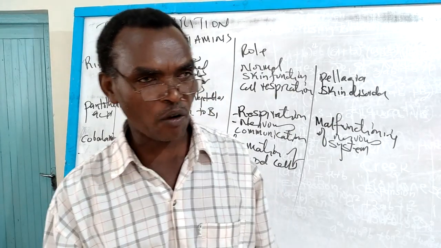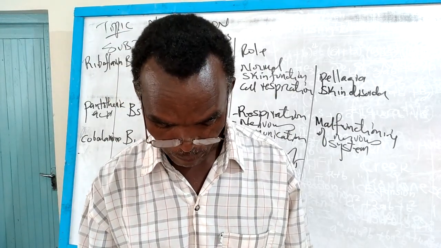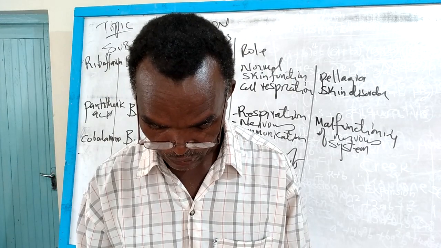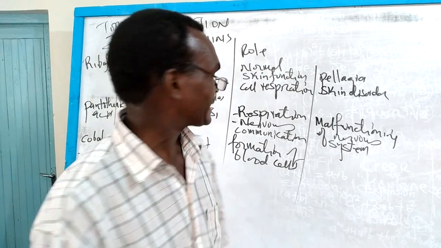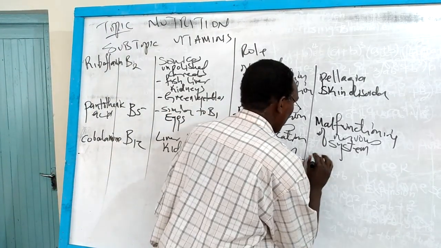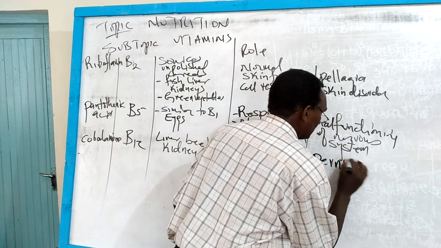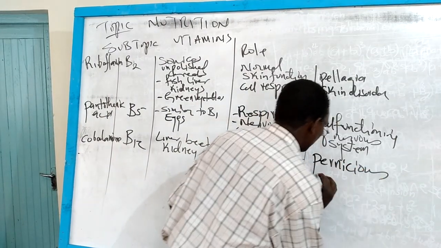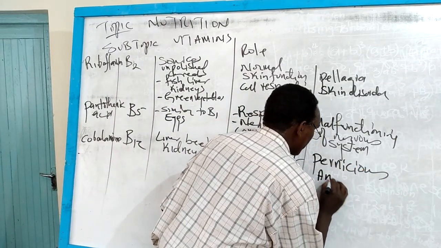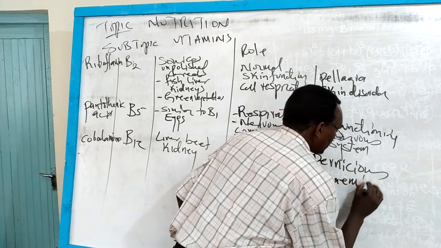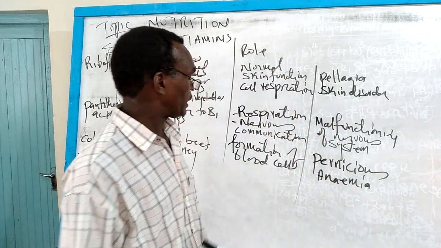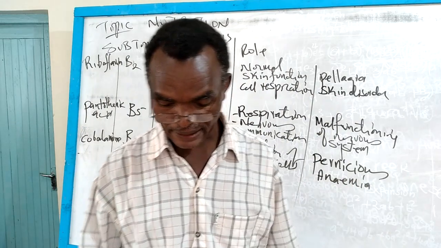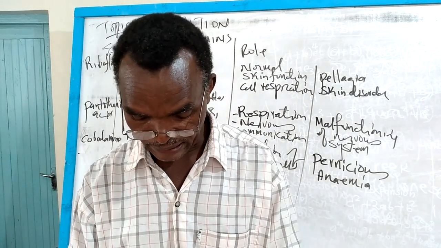And the special type of anemia coming because of lack of B12, we call pernicious anemia. Anemia is a general term that we use to say that somebody doesn't have enough red blood cells.